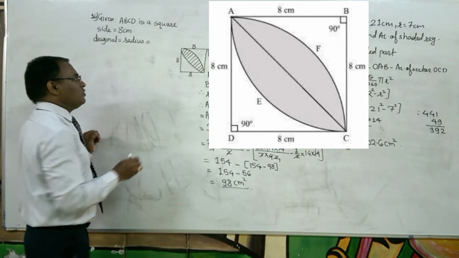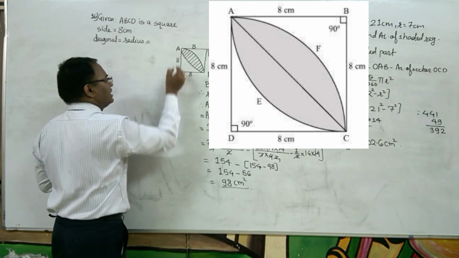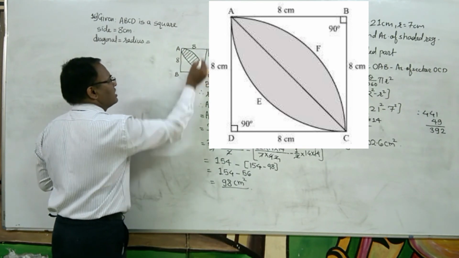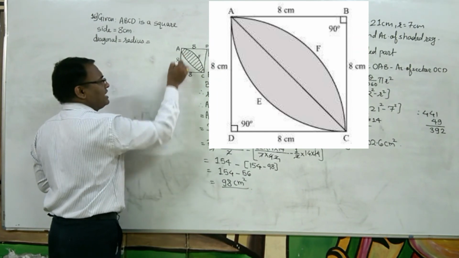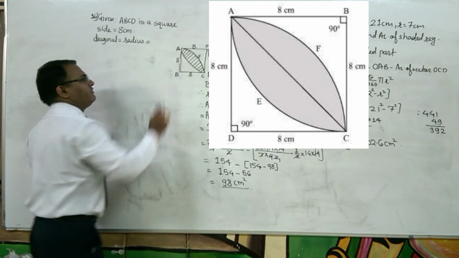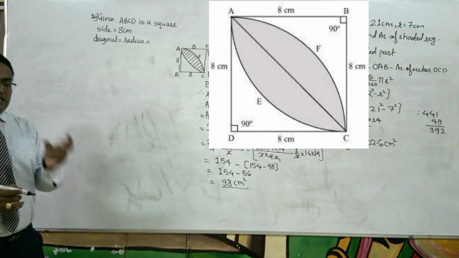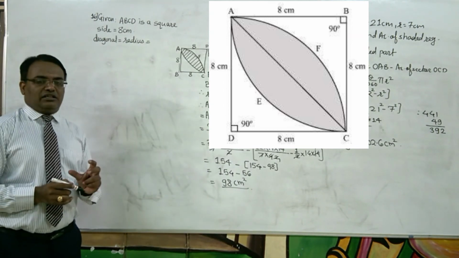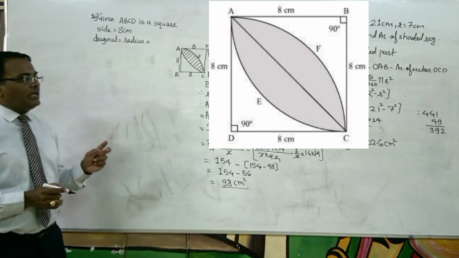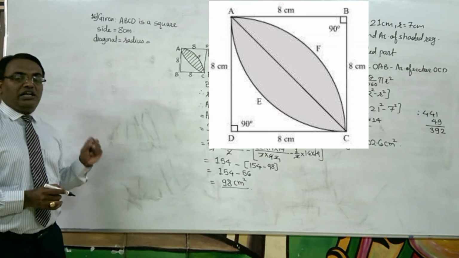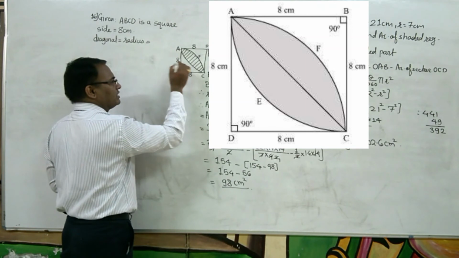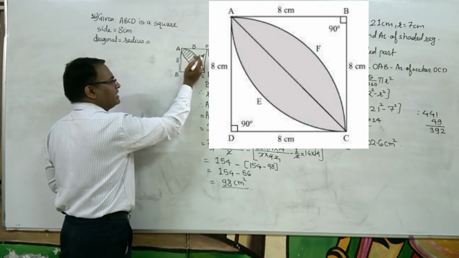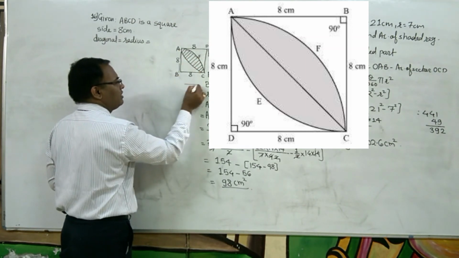Now if we see A, B, C and then D, and here we write F. So this A, B, C and F will make one sector or one quadrant sector, right? Which can be found easily by pi r square divided by 4. Now suppose this part is removed, what part is remaining?